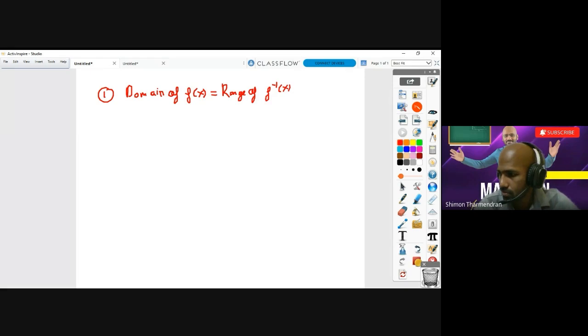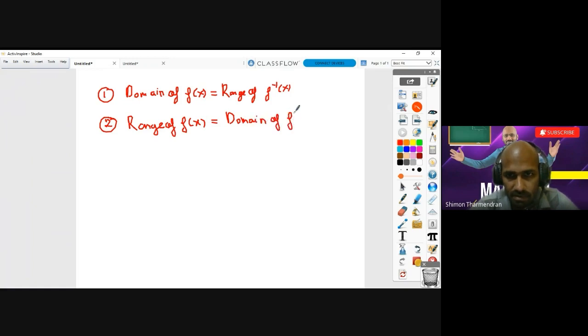So buat nota sendiri, make some notes in your own words, or just write it somewhere as a key point. And then the range of f of x equals to my domain of my inverse function, or f inverse x over here.